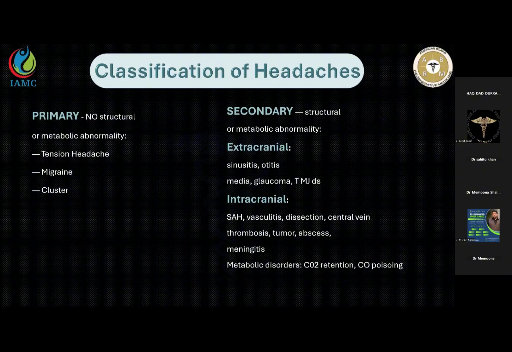Extracranial, like sinusitis, otitis media, glaucoma, temporomandibular joint dysfunction, or osteoarthritis of the TMJ, or intracranial, that is SAH, vasculitis, dissection, central vein thrombosis, tumor, abscess, meningitis, and all that.